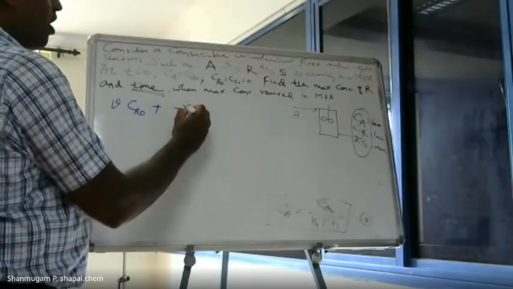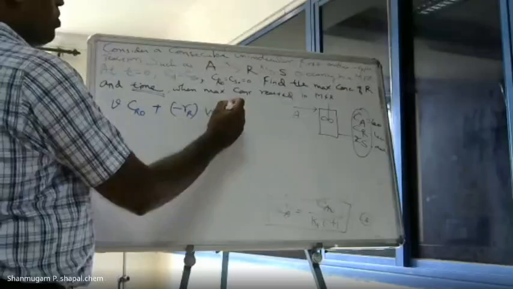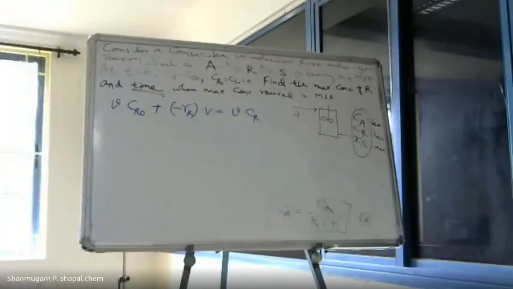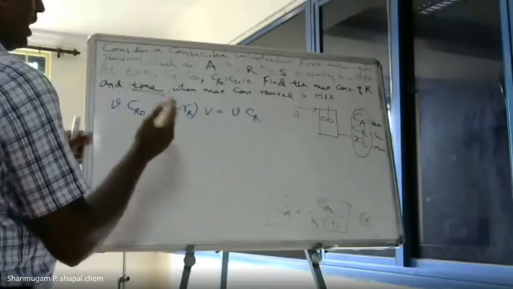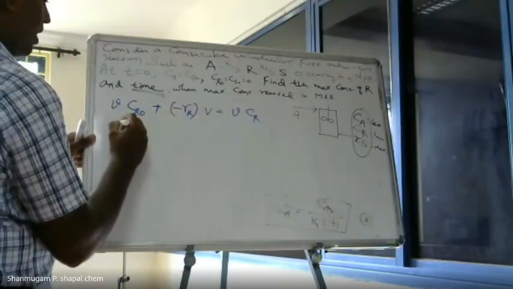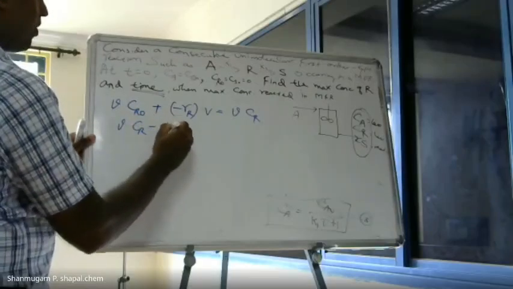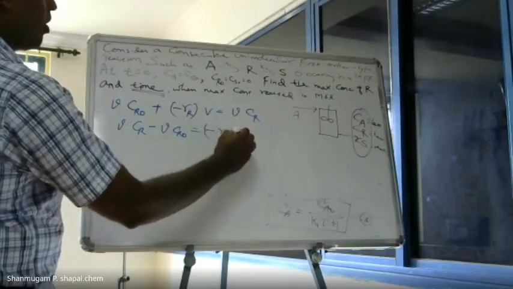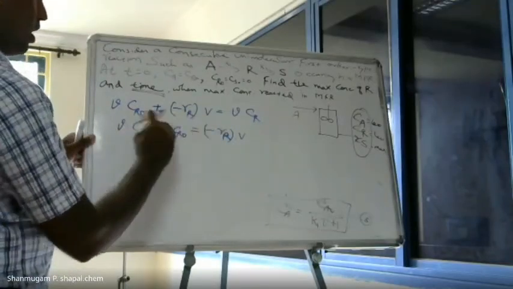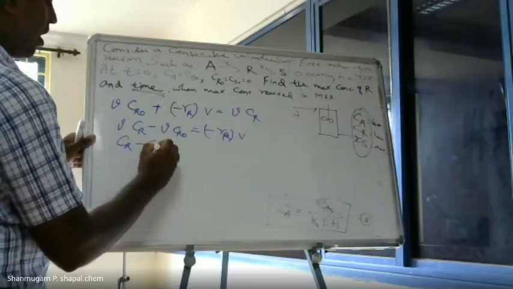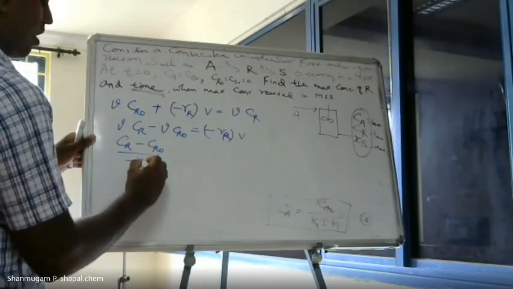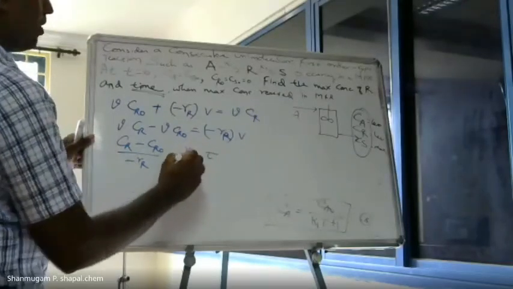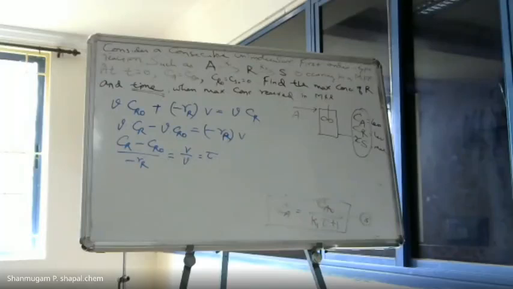That means it is minus RR into V equal to CR. If you take this side, CR minus CR naught equal to minus RR V, and CR minus CR naught by minus RR equal to V by V naught equal to tau. So this is the same tau.